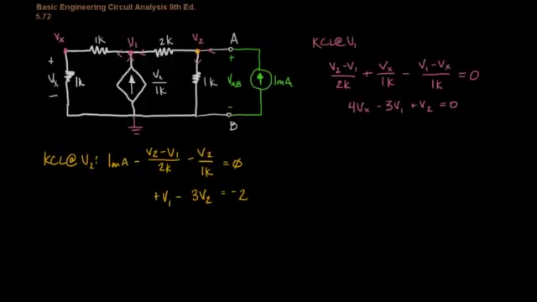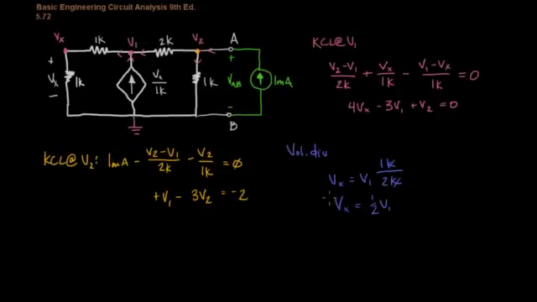I know the voltage across both of the resistors, so I could use voltage division to solve for that. We'll say that Vx equals V1 times 1K over 1K plus 1K, or 2K. The K's cancel, and we get Vx is equal to 1/2 of V1.